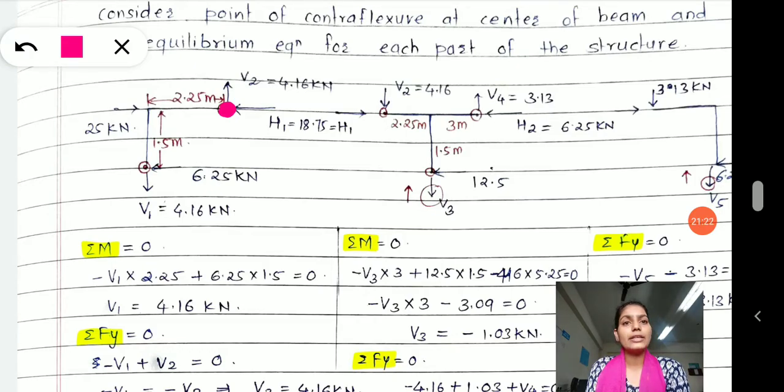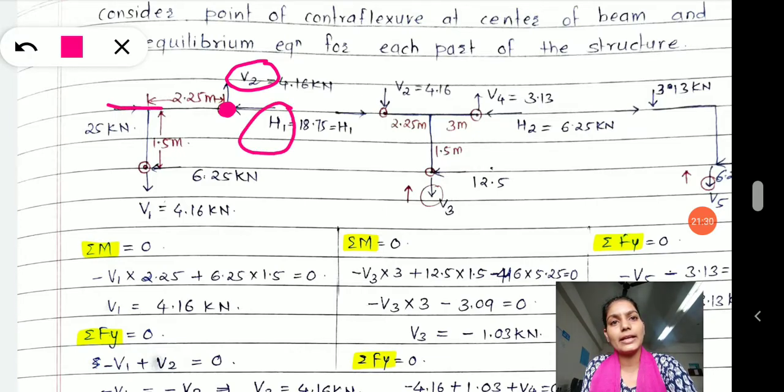Now which are the forces passing through that point? This force V2 is passing through the same point, H1 is passing through the same point, and the 25 is also passing through the same point. So the forces which pass through the point where I am analyzing the moment will add up to 0 moment. Why?